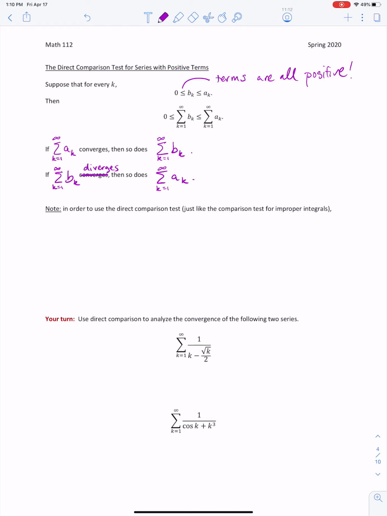And so here, I just want to highlight a couple of things that you need in order to use this test. In order to use this test, you need to first have a conjecture or a guess about the convergence of your series.